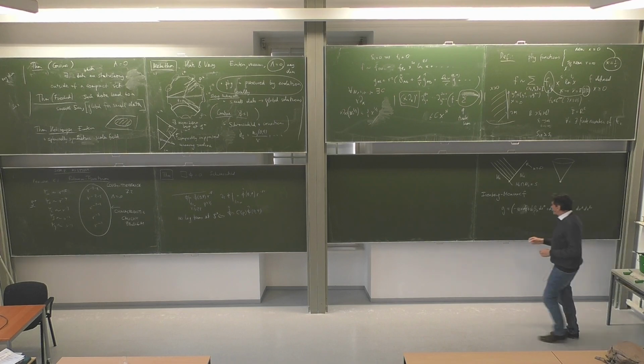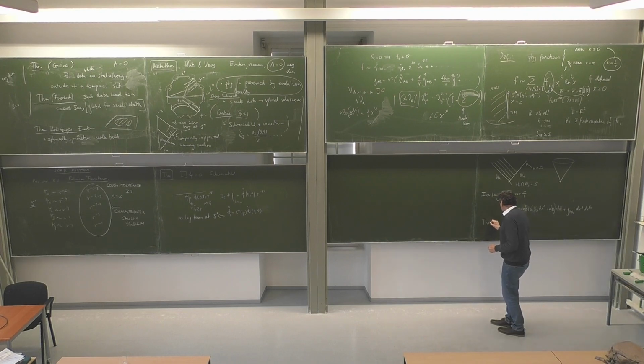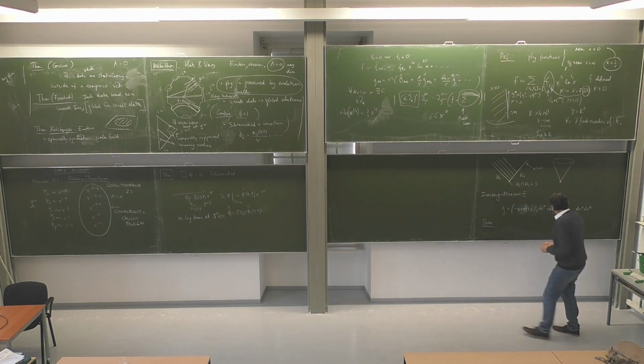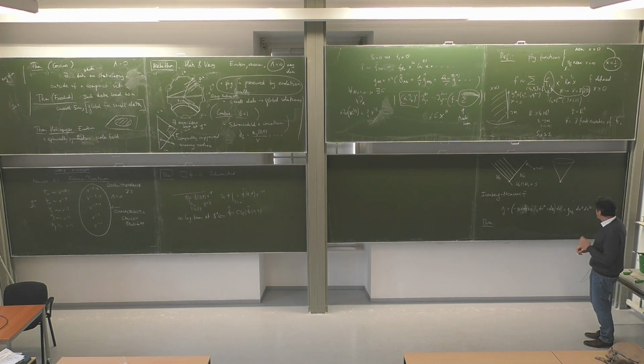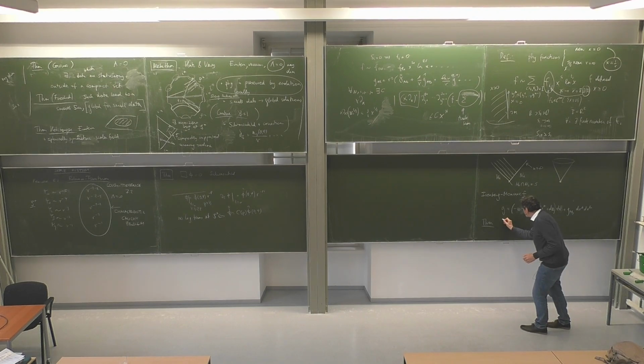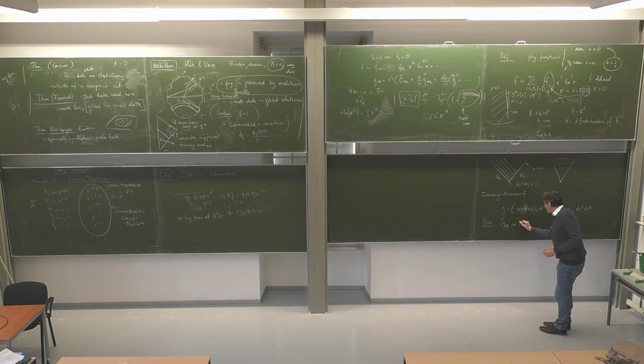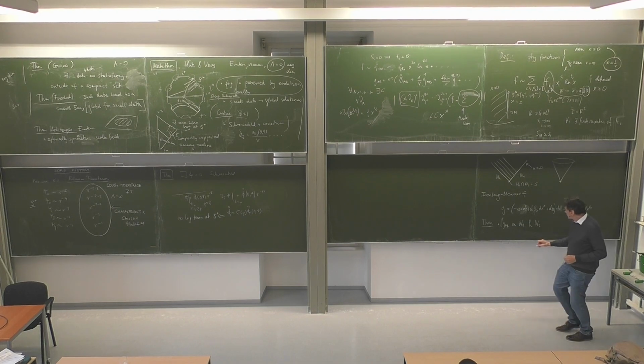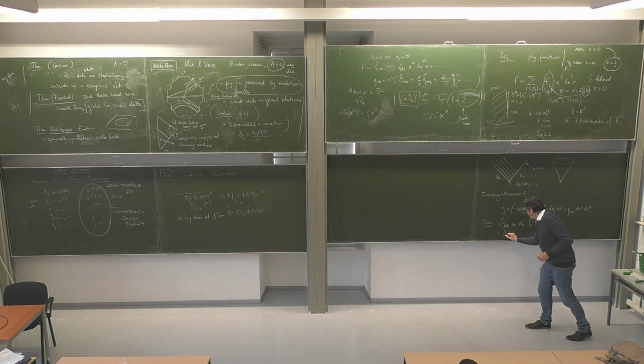And the theorem is that you give g_AB on N1 and N2. You give beta on the intersection.